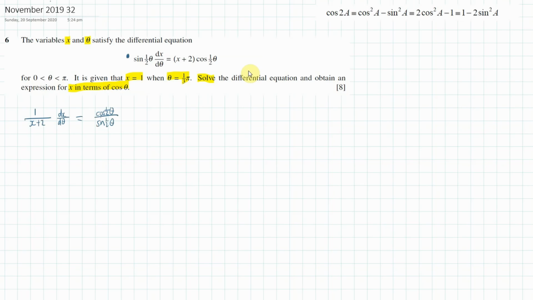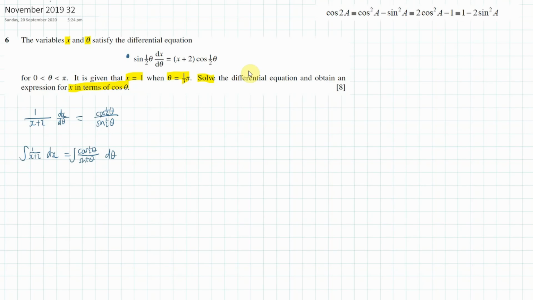My next line I will have is 1 over x plus 2 dx equals cosine 1/2 theta over sine 1/2 theta d theta.